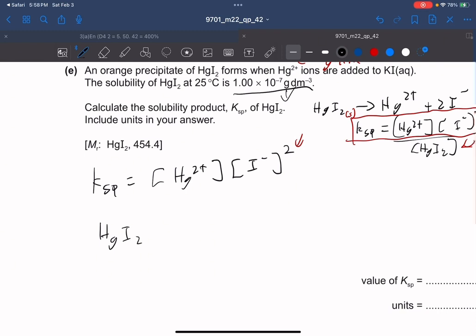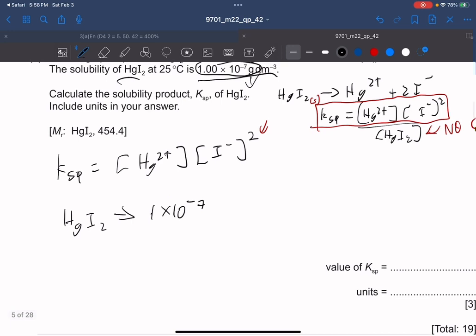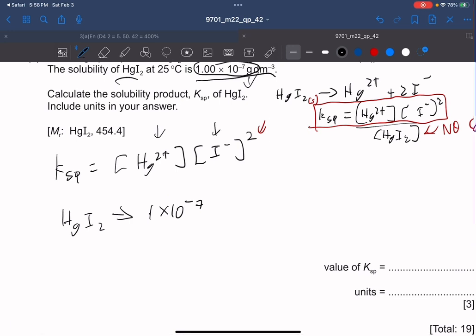So basically in 1 decimeter cube of HgI2, you're going to find 1 times 10 to the minus 7 grams of it. So I think it's going to be much easier for us to do it in terms of moles instead of grams, because here in the concentrations, we're measuring it in mole per dm cube.